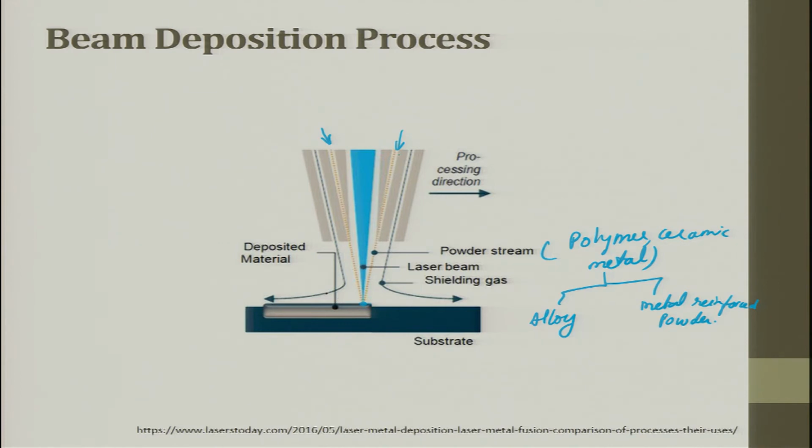So, when this powder melts, when it reacts with the atmosphere, it is going to form compounds. Say for example, you have a carbon rich, nitrogen rich, or oxygen rich atmosphere around.